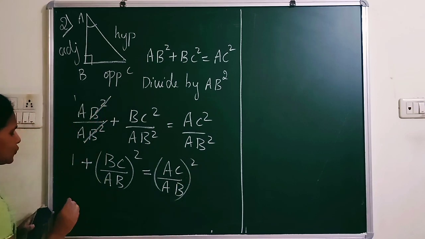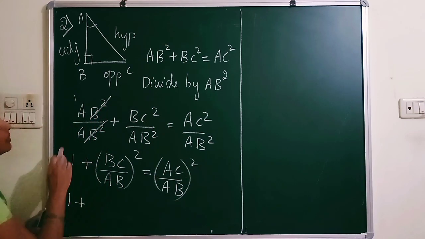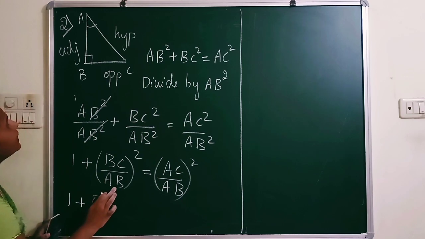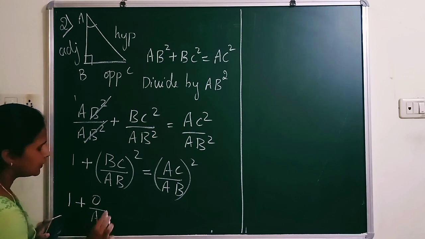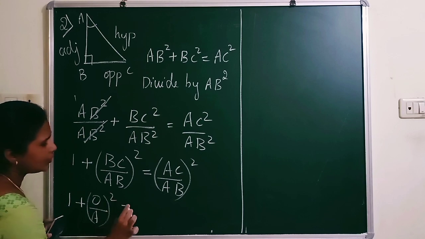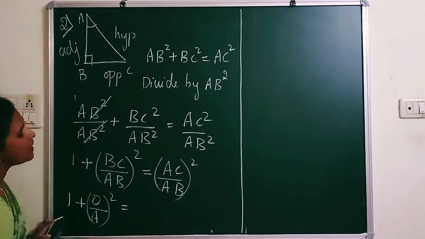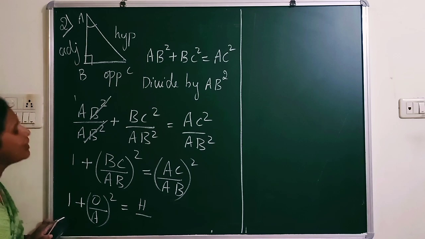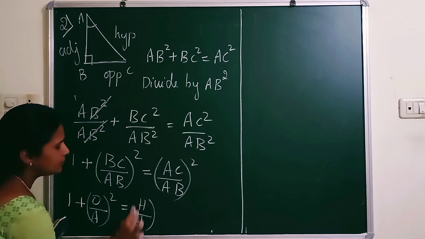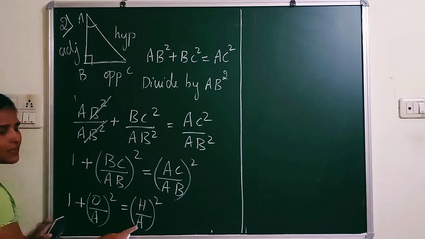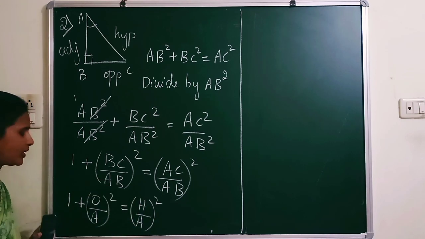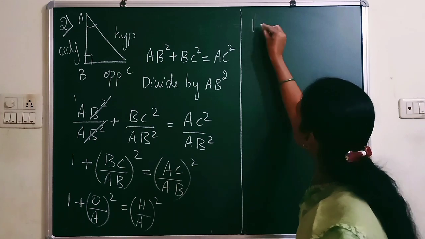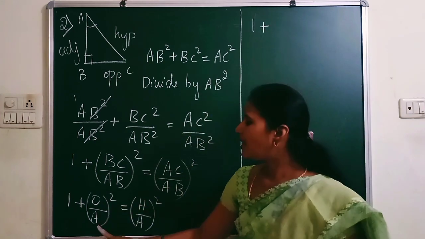Just look at this, 1 plus. What is BC here? BC is opposite divided by AB is adjacent, whole square, equals AC is hypotenuse divided by AB is adjacent. So we got hypotenuse by adjacent whole square. So now let us convert into ratios. So 1 plus, what is opposite by adjacent?